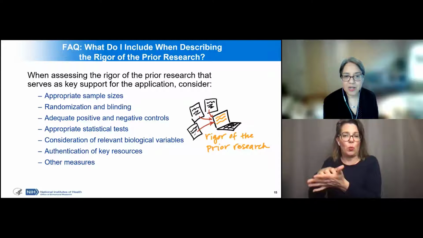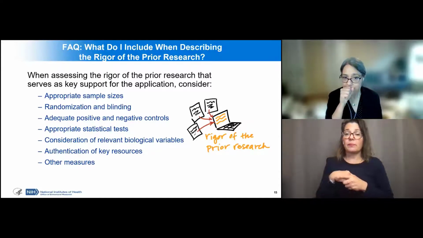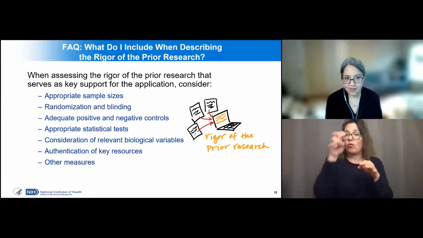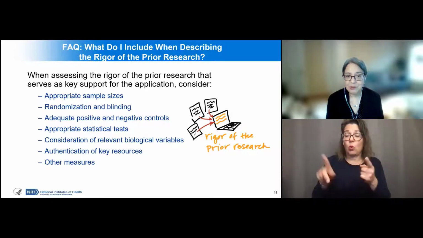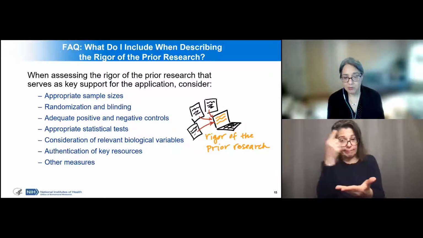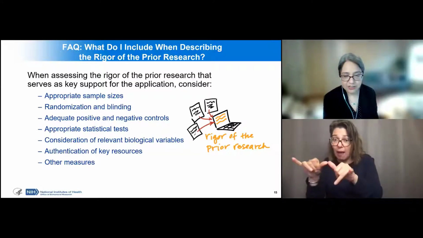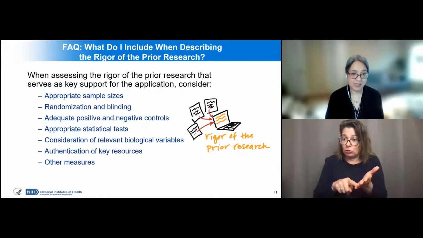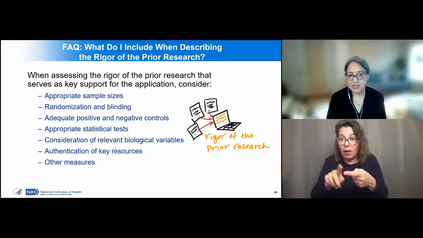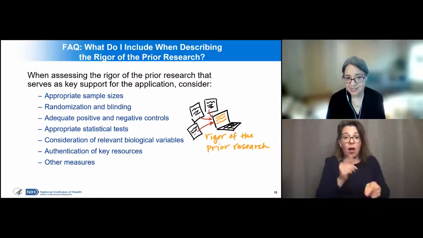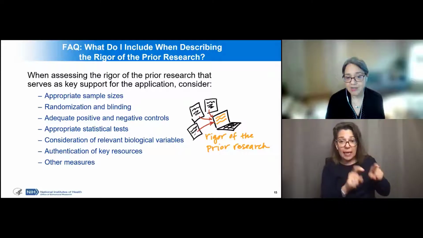Okay, so one question that we often get is, what do I include when describing the rigor of the prior research? So when you're assessing the rigor of the prior research, you could consider whether or not there was an appropriate sample size, whether they stated there was randomization or blinding, did they use adequate positive or negative controls, did they use appropriate statistical tests, did they consider relevant biological variables?